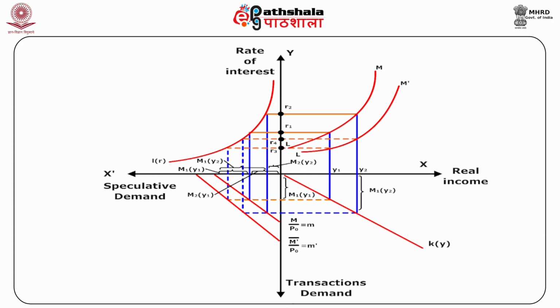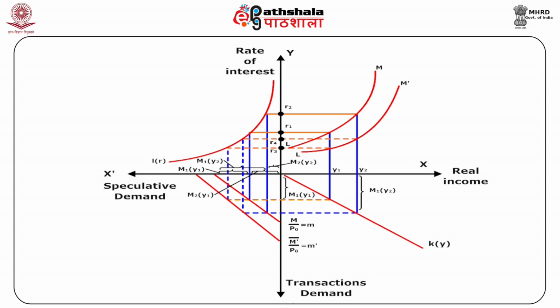We start by looking at one given level of real national income Y1. At Y1, what we see is that given the kY function, which is the function for M1, there is a given level of M1 (Y1), the transactions demand for money.